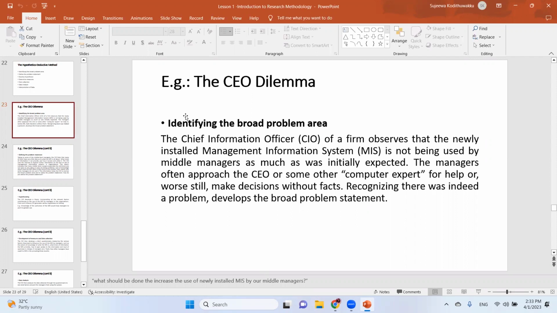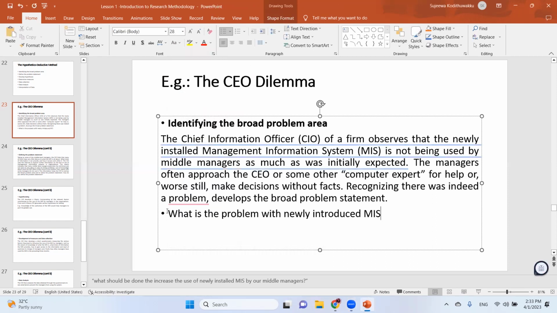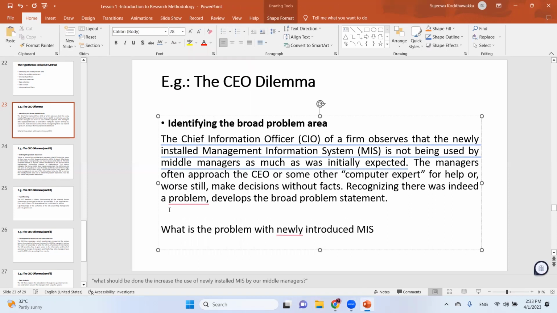So based on this, you want to identify the problem and develop a broad problem.